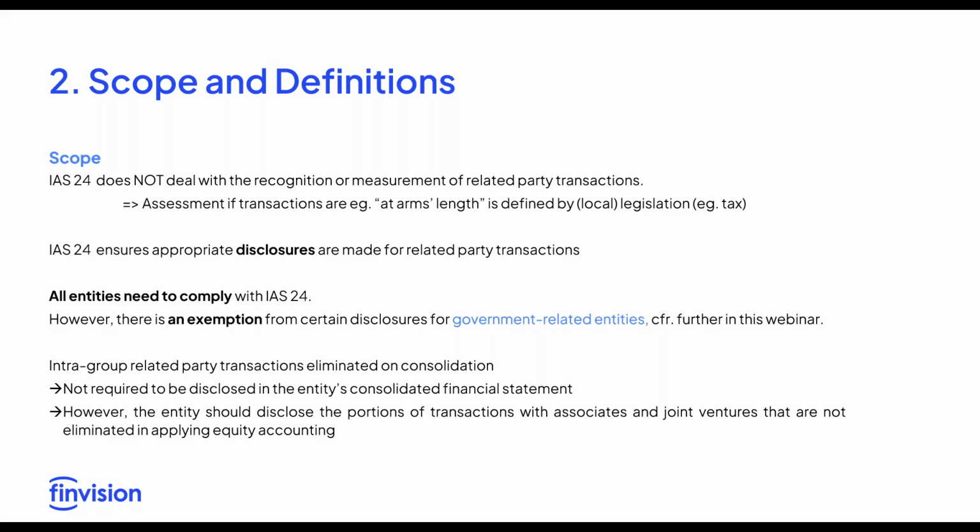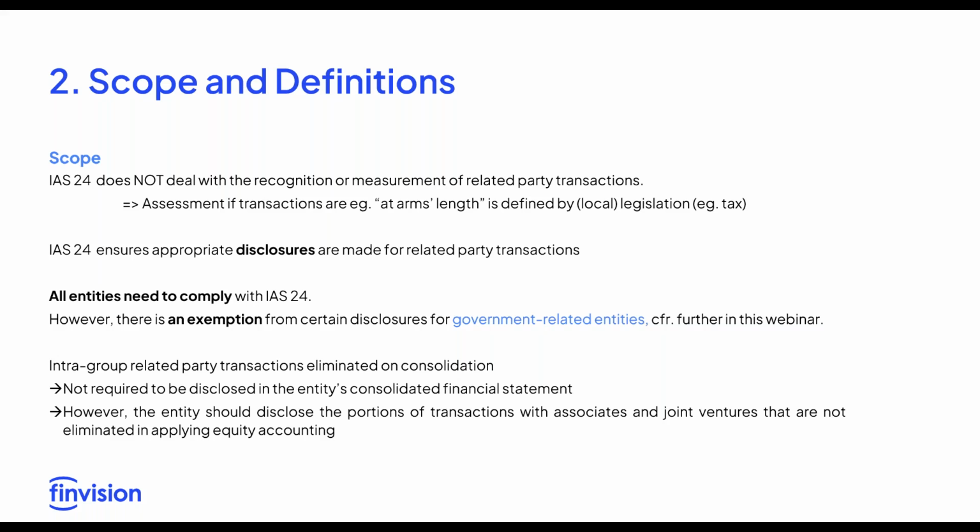So what is IAS 24 then referring to? Well, it ensures appropriate disclosures are made for the related party transactions. All entities need to comply with IAS 24. However, and we will see that later on, there is one exception for certain disclosures with respect to government-related entities.